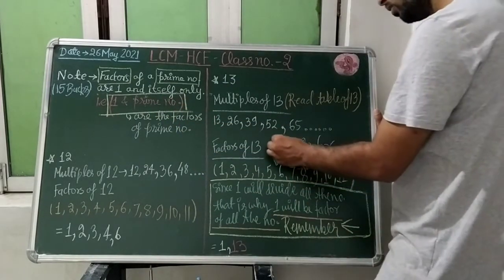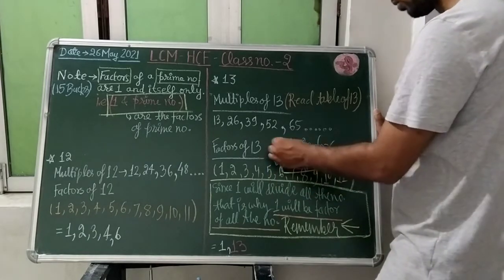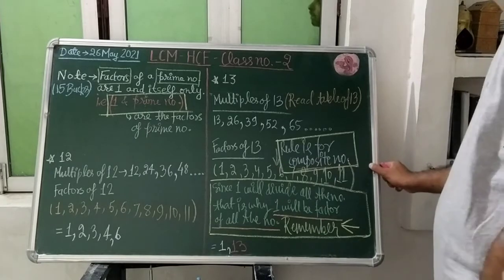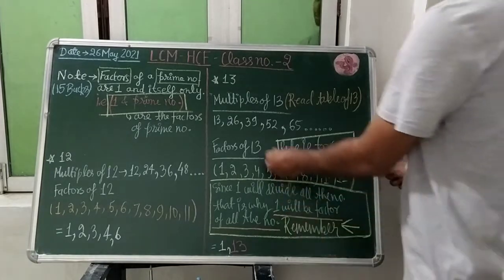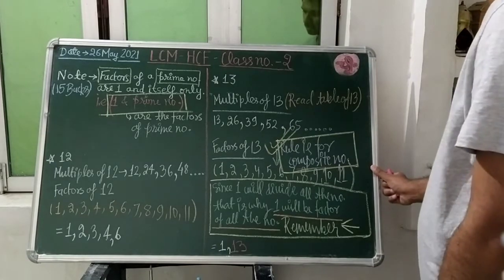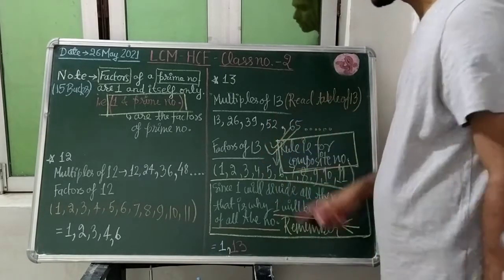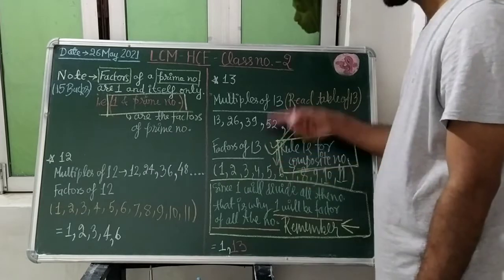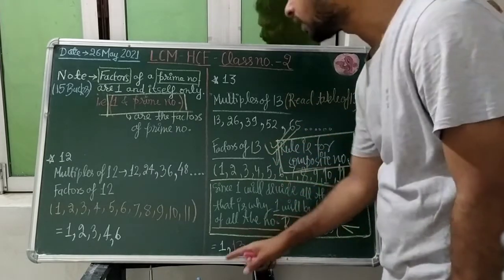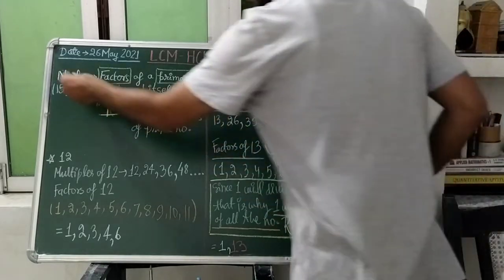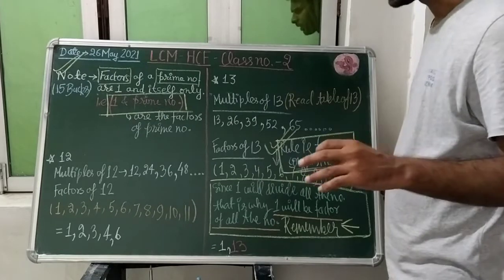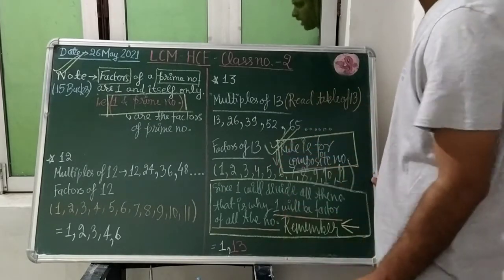And this rule is for the composite number. So what will be the factors of 13? Since 13 is a prime number, factors of a prime number will be 1 and itself, which I had taught you in that earlier class.